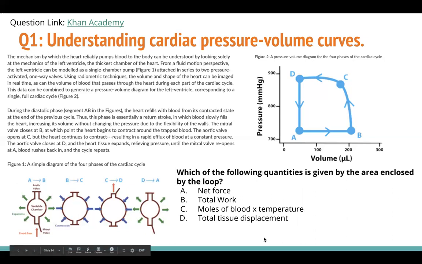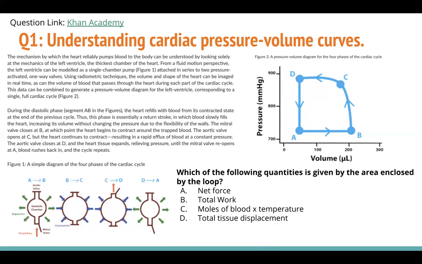Okay, so we only have one more question on this passage. I'm sure you're tired of this passage by now, but we only have this one question left. This question doesn't really require you to know anything about this passage or the cardiac pressure volume curve specifically, but it does require you to know the principles of a pressure volume graph, like what that graph is and what it represents.